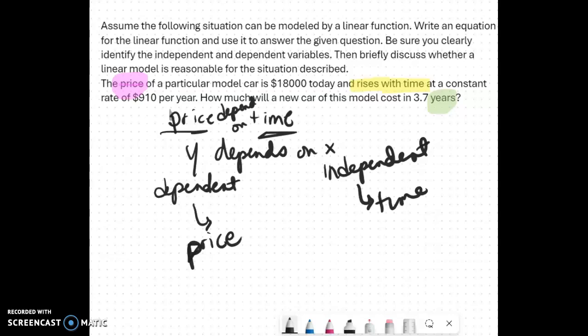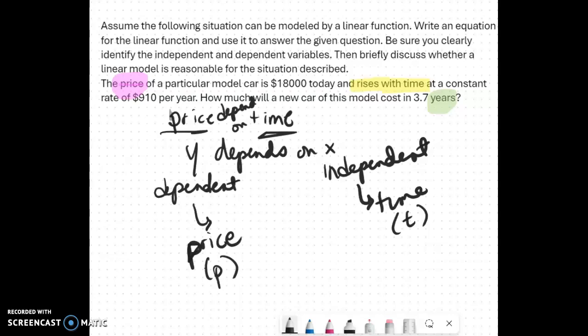And it actually tells us that in the question. They say call the independent variable time, t, in years, and call the dependent variable price, p, in dollars.